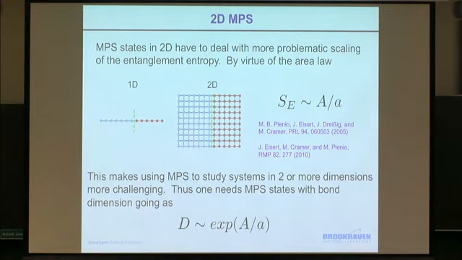And so if you're going to have an MPS state that describes this 2D system, it means you're going to need to choose its bond dimension to be exponentially large in the length of this boundary. And so as the system becomes bigger, your life becomes more miserable. And so generically, using MPS states in 2 dimensions is hard, no matter how you formulate it.